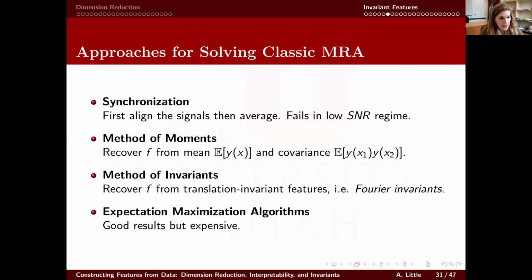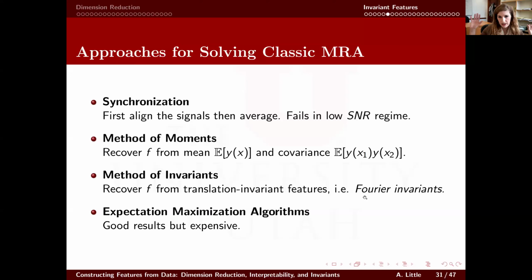Okay, so there are various approaches for solving classic MRA in the literature: synchronization, where you first try to align the signals; method of moments, where you try to recover it from relevant statistics. The one that I want to focus on today is the method of invariants. And this is where you try to recover the hidden signal from translation invariant features or Fourier invariants.